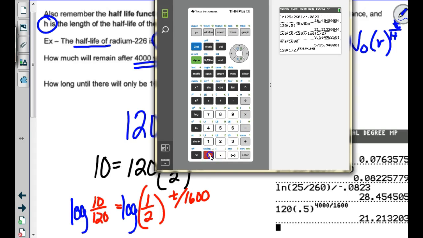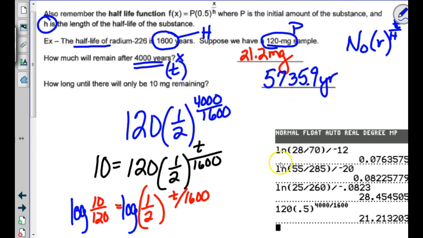All right, so we're actually at 10.0001. If it said less than 10, you would have had to round up to 5736 years so that it went below, okay? That's a question later for the quiz.